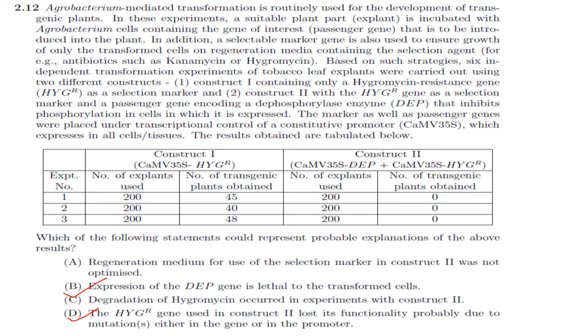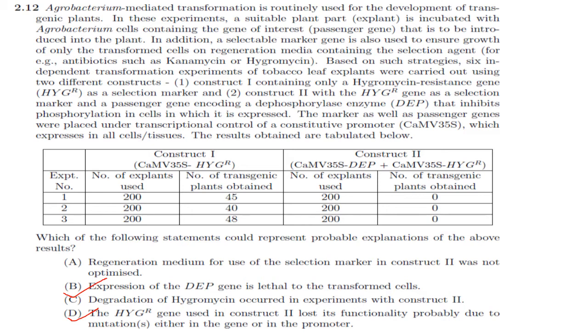This will have a selection agent, that is antibiotic, kanamycin or hygromycin. So along with the gene of interest, the selectable marker gene also will enter into the plant cell, and you can select for transformants by using either kanamycin or hygromycin.